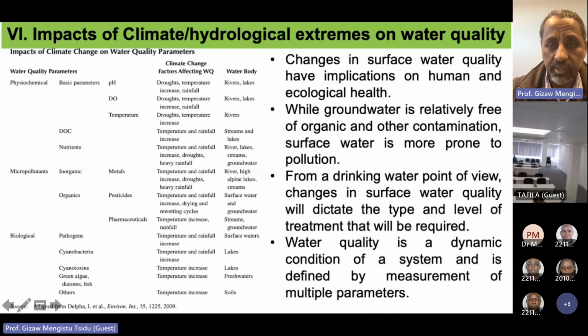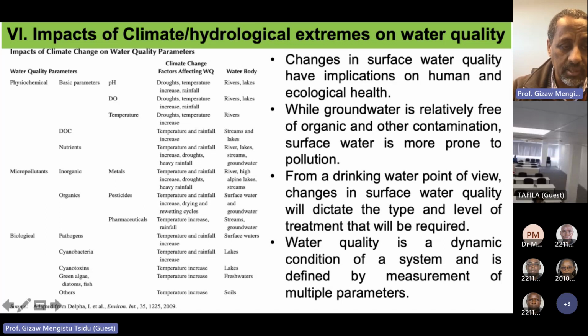Of course, water quality parameters are not only clarity. There are other physical parameters. For instance, on this panel on the left side of your screen, you see water quality physiochemical parameters and then biological parameters. The physical parameters are such as pH, dissolved oxygen, temperature, dissolved organic carbon, and nutrients. These are under physiochemical parameters.